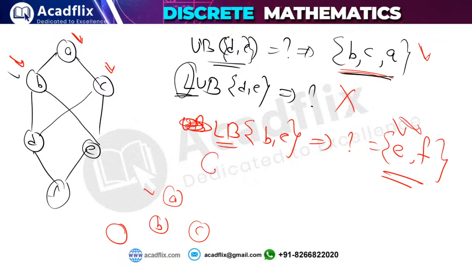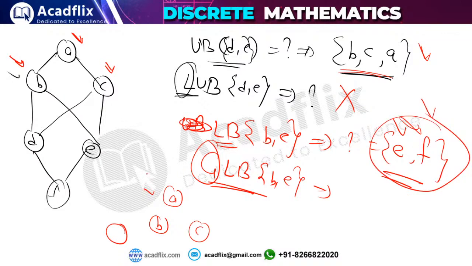Now tell me the greatest lower bound of B comma E. Let me tell you this concept. First of all, you have found the lower bound.